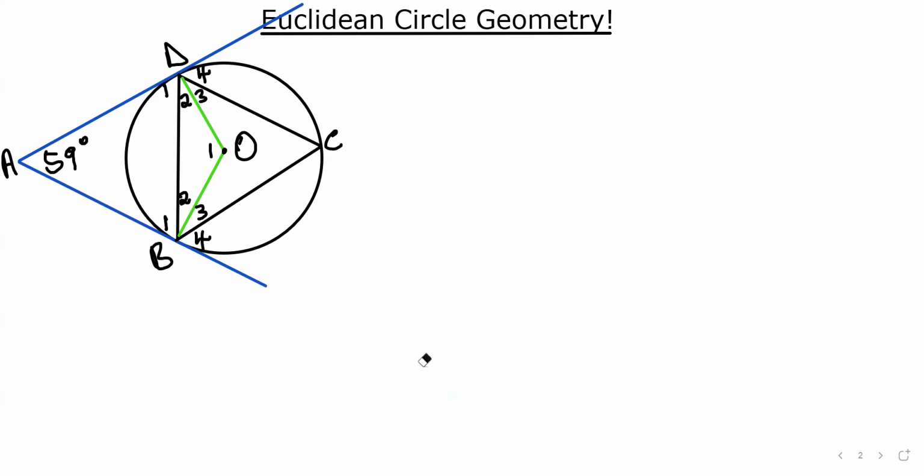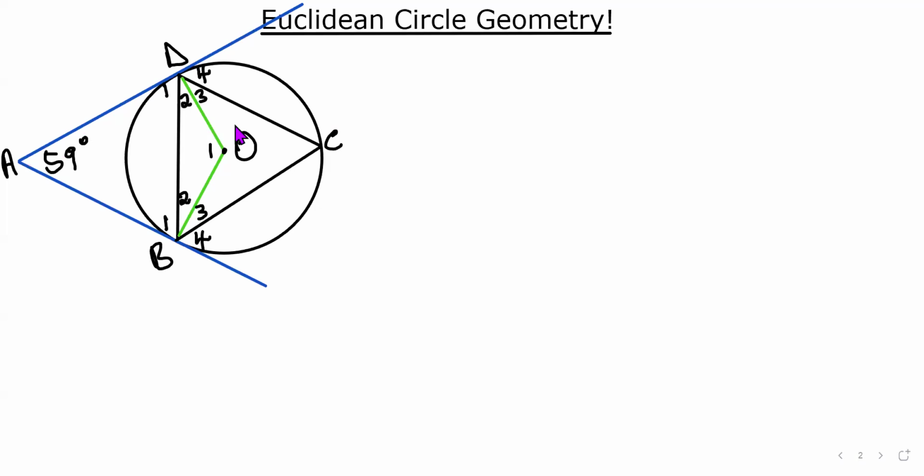Okay, let's begin. So yes, we said the first thing is to identify all the theorems that we see here. Now, since we can see a tangent, let's go to the tangent line AD.